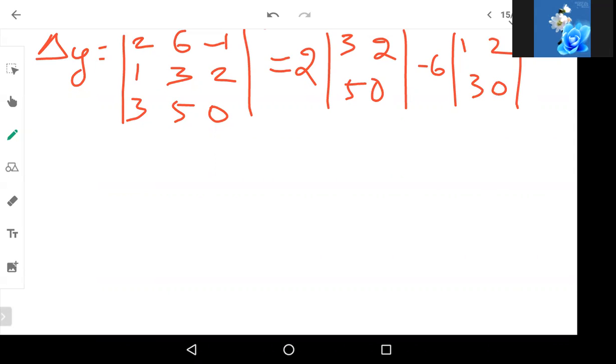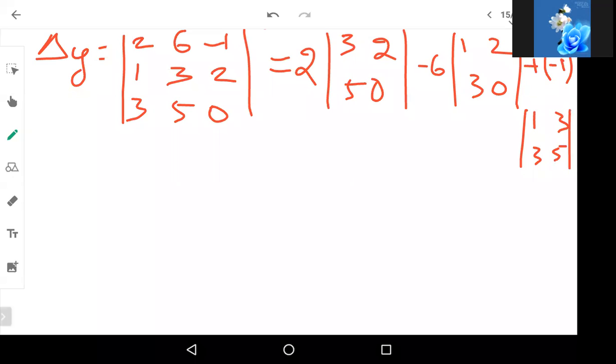Next. What is the next number? Plus of minus 1. What will be the minor again here? I'll write it below. 1, 3, 3, 5.